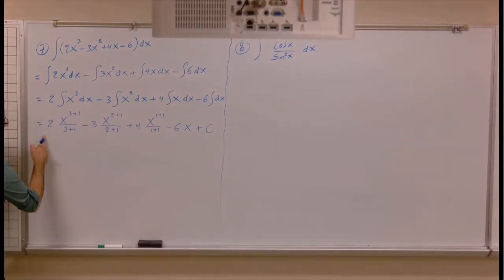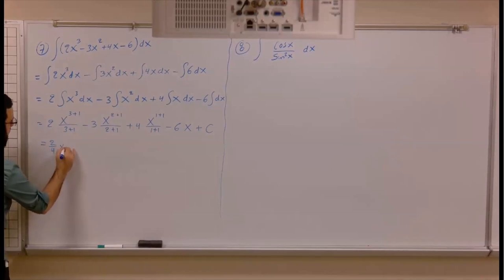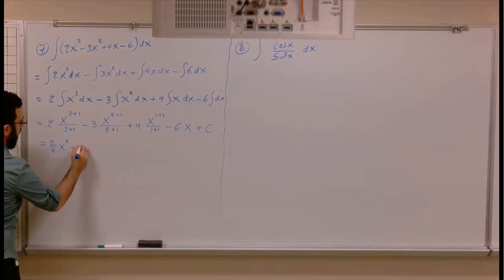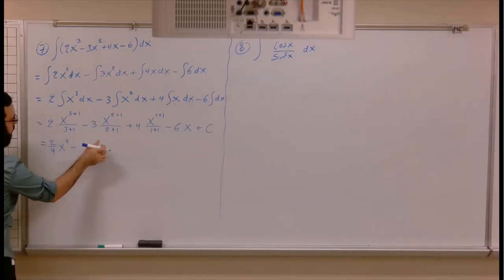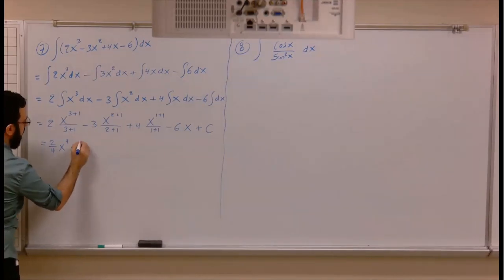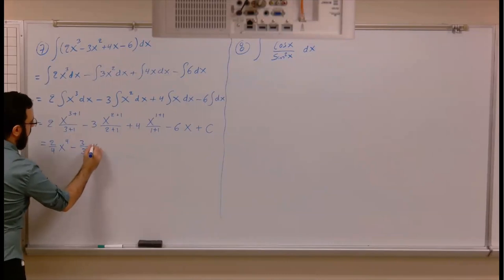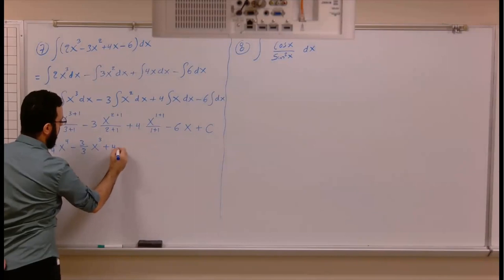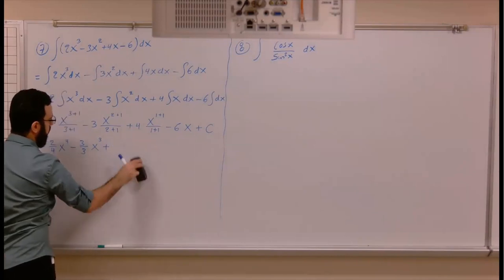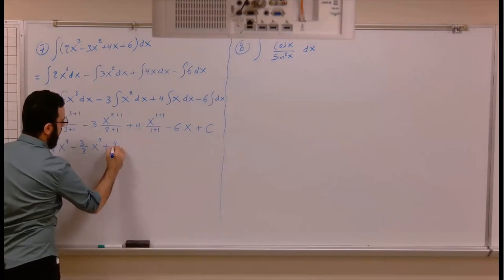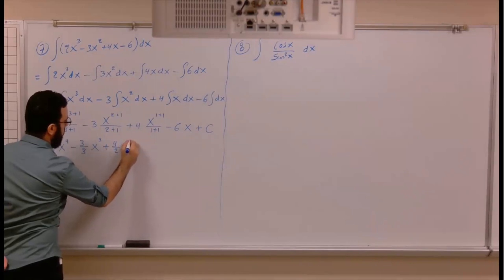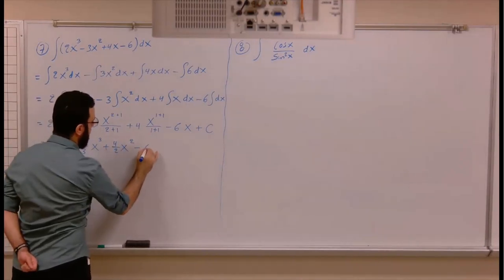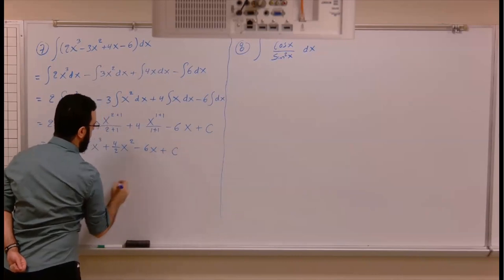Now simplify this one. It's going to be 2 over 4 x to the power 4, minus 3 over 3 x cubed, plus 4 over 2 x squared, minus 6x plus c.